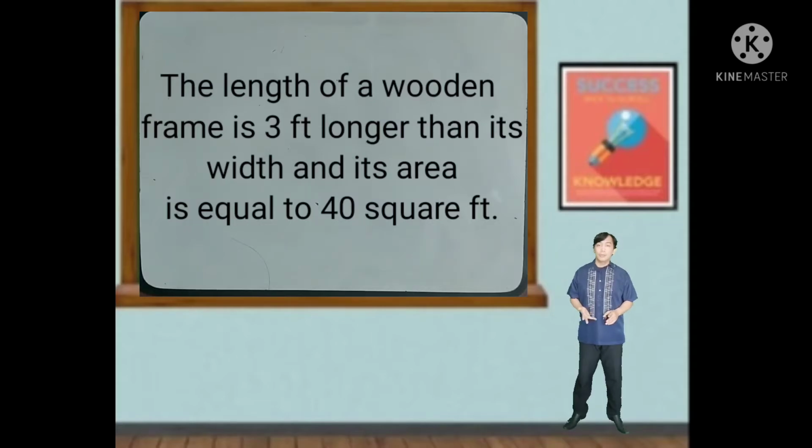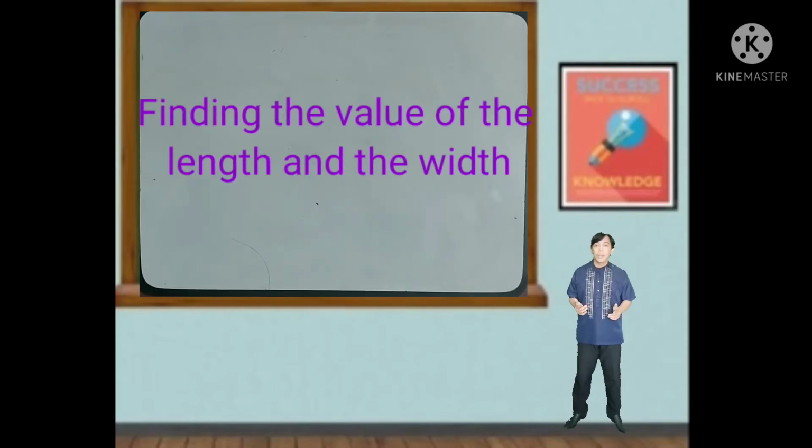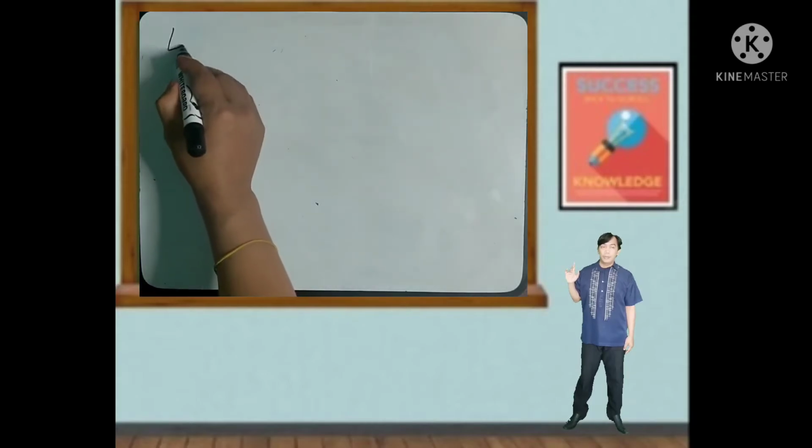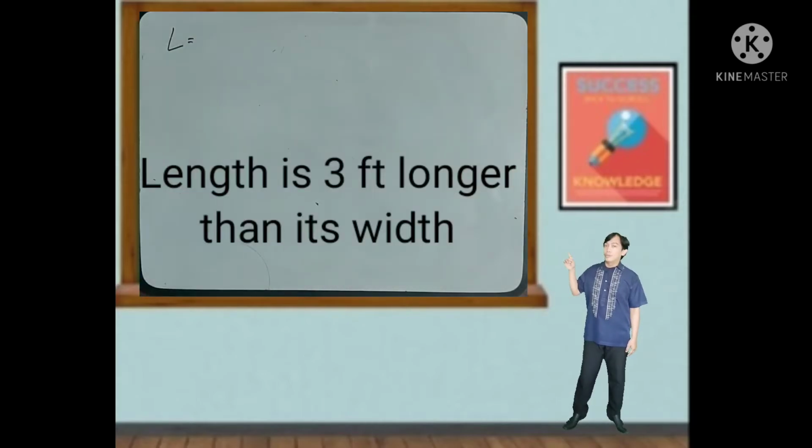So the question is, we're going to make a quadratic equation so that we can find the value of the length and the width. So it says here, the length of the wooden frame is 3 feet longer.